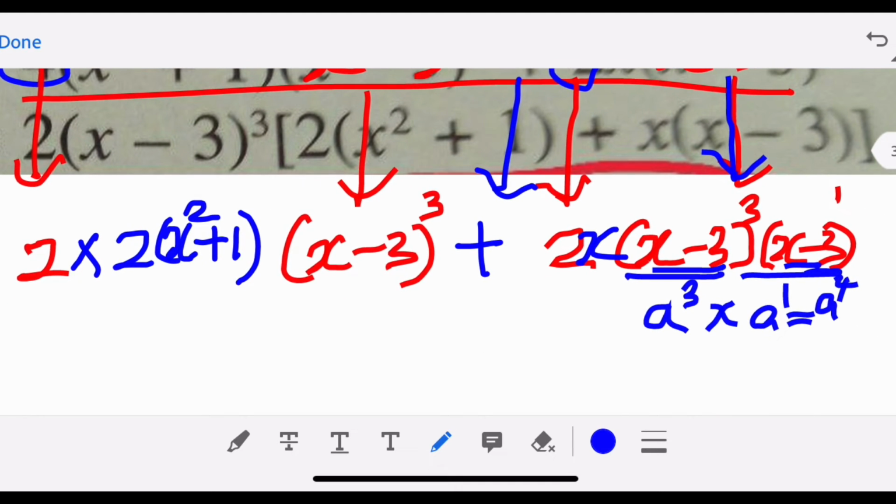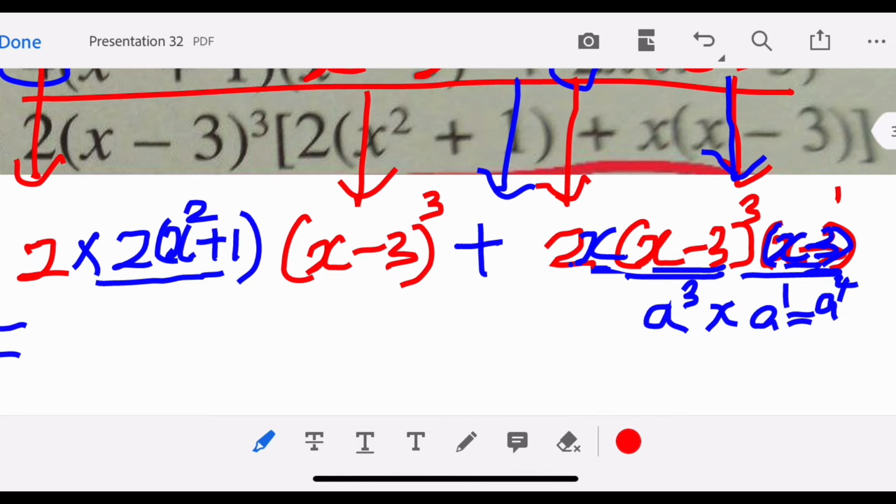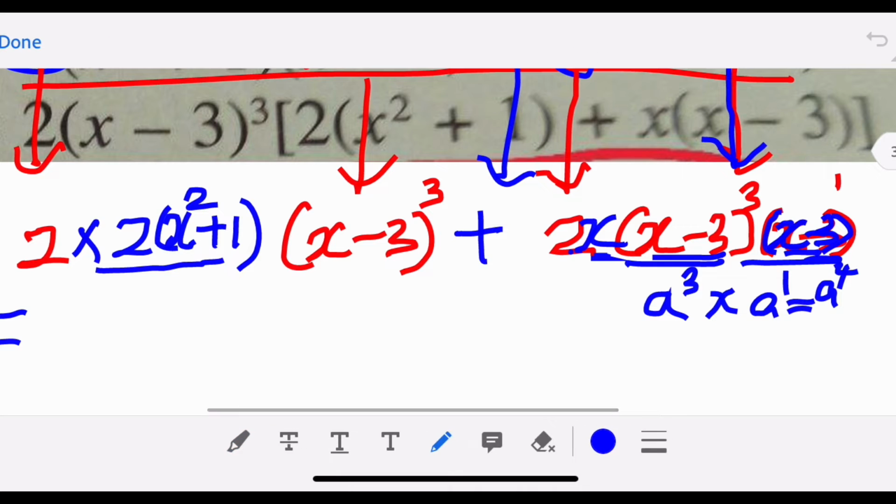So in future, if you want to factorize, in your mind, that is what you're supposed to figure out. The one that I'm going to pull out is the one in red color. The one that I'm not supposed to pull out means that they are not common factors. They are not in common. As you use a different color, you will see clearly the red ones are the common factor.